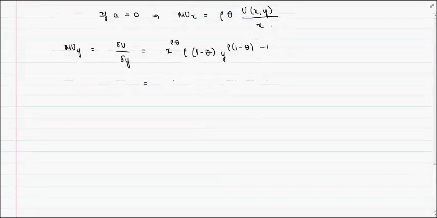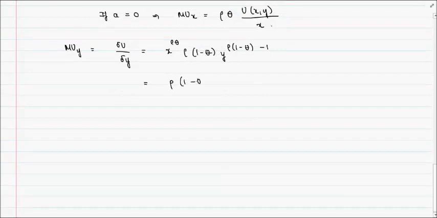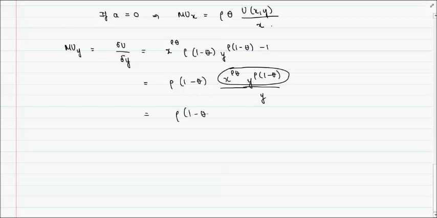Okay, and this is just going to be equal to rho 1 minus theta x rho theta y rho 1 minus theta divided by y. Okay, and as you can see, the expression over here is just the utility function. So I got rho 1 minus theta utility of x and y divided by y.